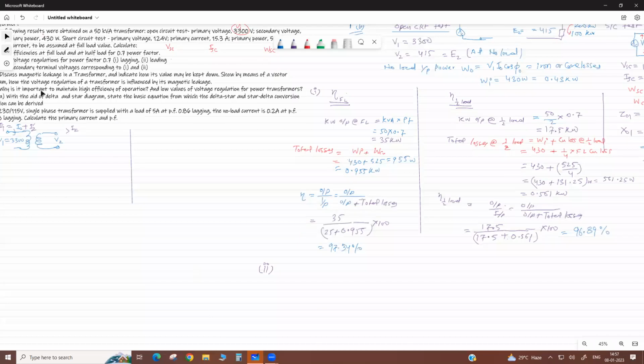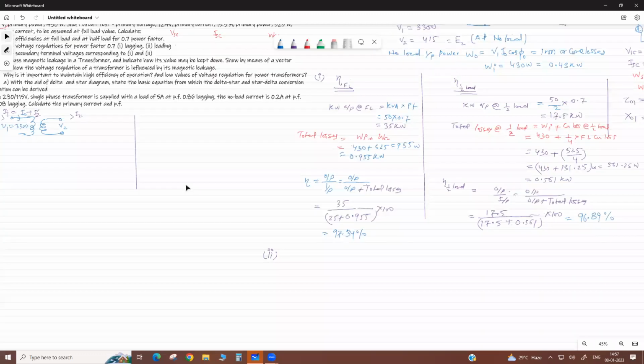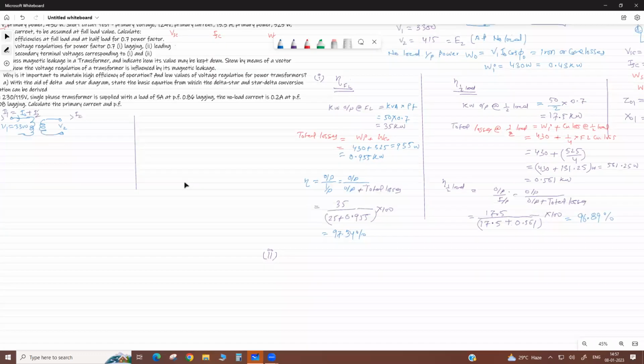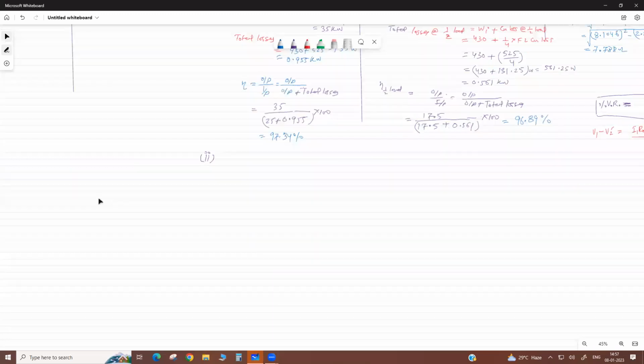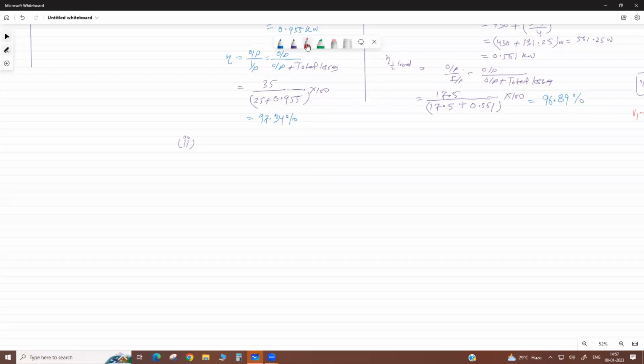Now we say that voltage regulation at 0.7 lagging and leading. You consider 0.7 lagging power factor and leading power factor, like here, and terminal voltage also in the third part.